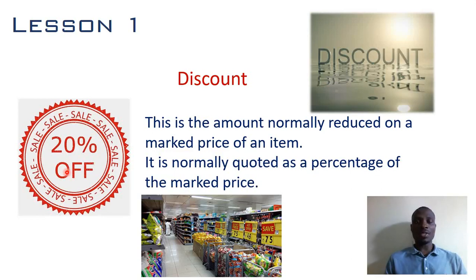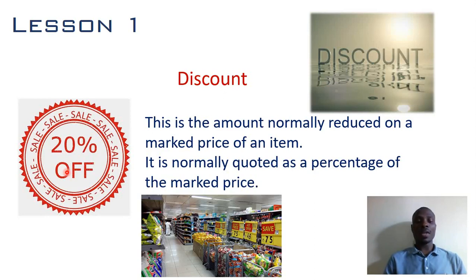Now, we are also saying that this discount is usually quoted as a percentage of the market price. For example, in that case, where the discount is 50,000 shillings, we can get the percentage of the discount. So we shall get 50,000 divided by the market price, which is 800,000, and then we multiply that value by 100.